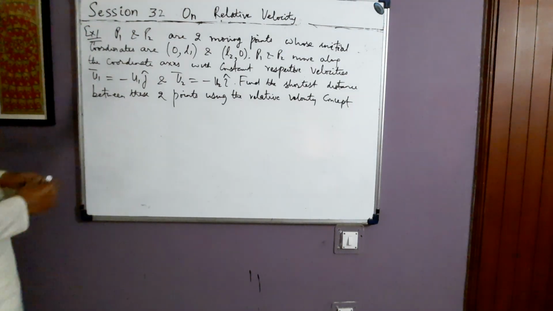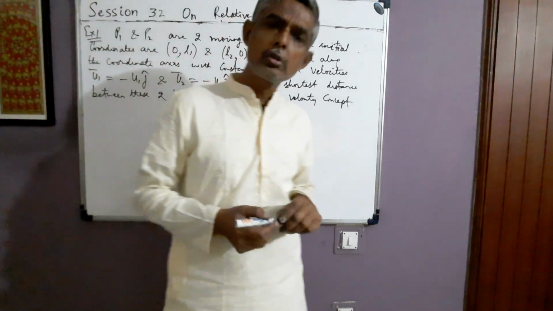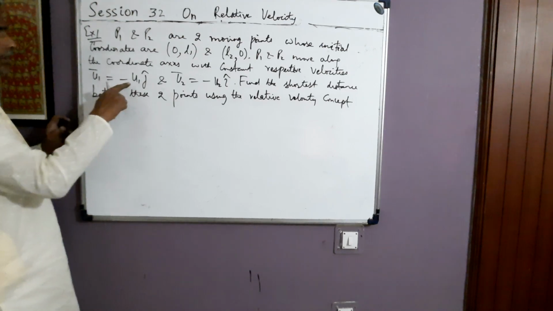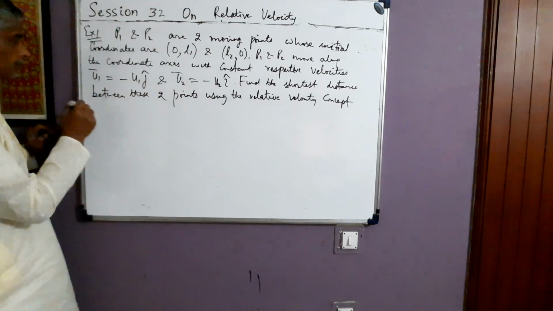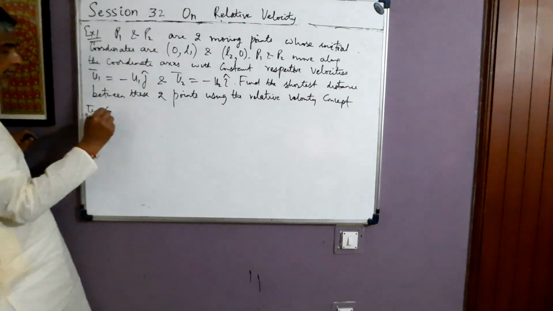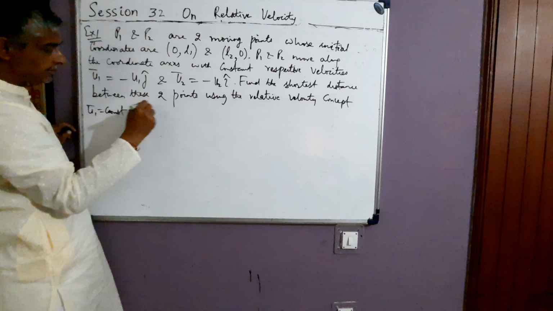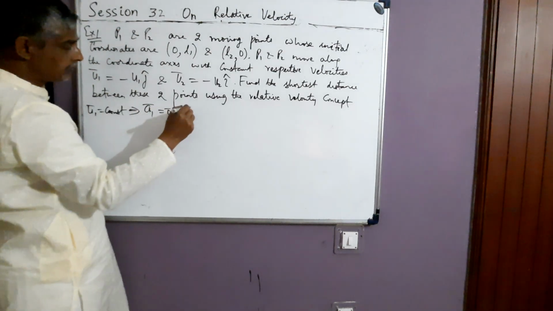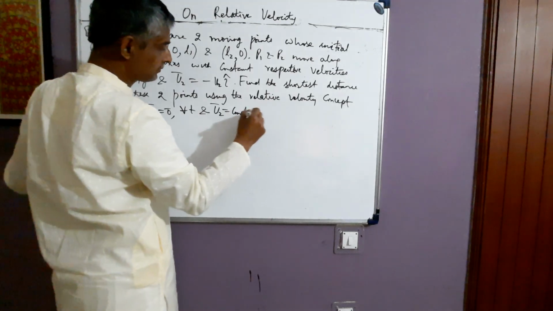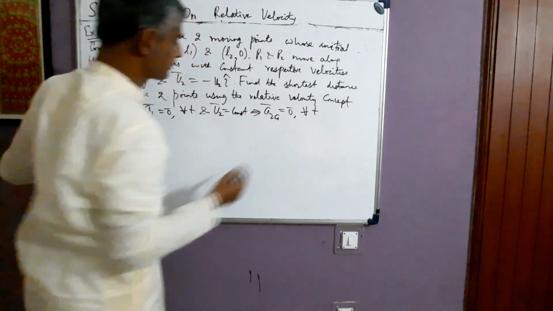So I draw the diagram. First we should check whether a relative is 0 or not. That is the first thing we should check. Now u1 and u2 are constants, so constant respective velocities. u1 constant implies acceleration of P1 with respect to ground is 0 for all times, and u2 constant, so a2 g is also 0 for all times.